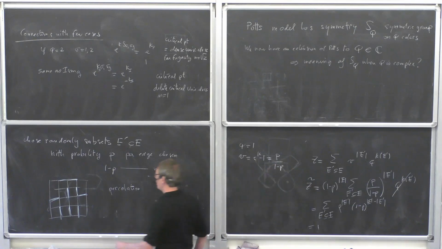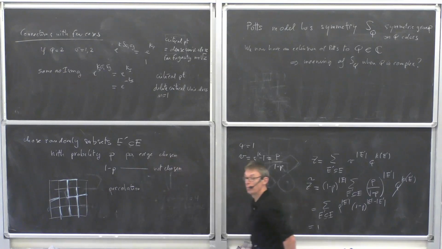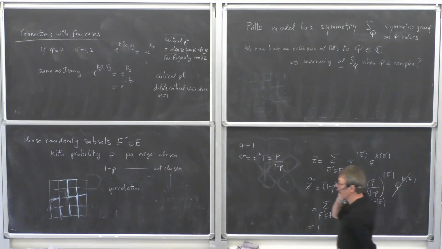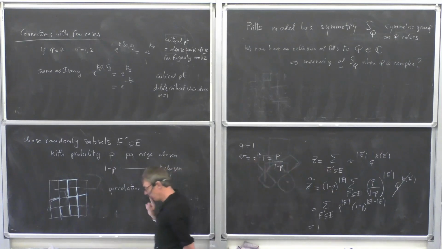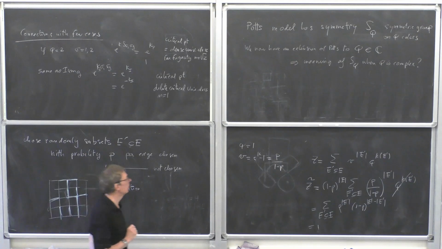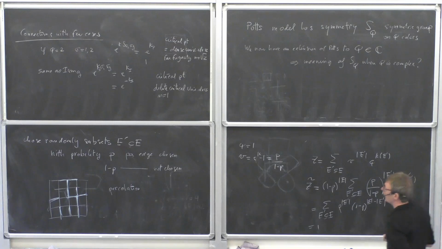That is, you're interested in whether there is some cluster going from top to bottom. And that question is non-trivial. And finding out the probability of the cluster, the properties of the cluster, is also a question that is non-trivial.